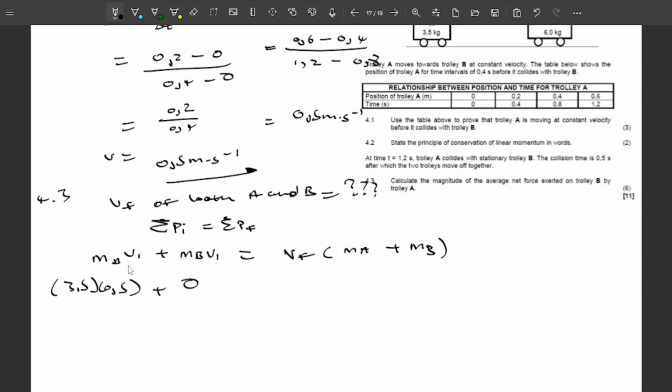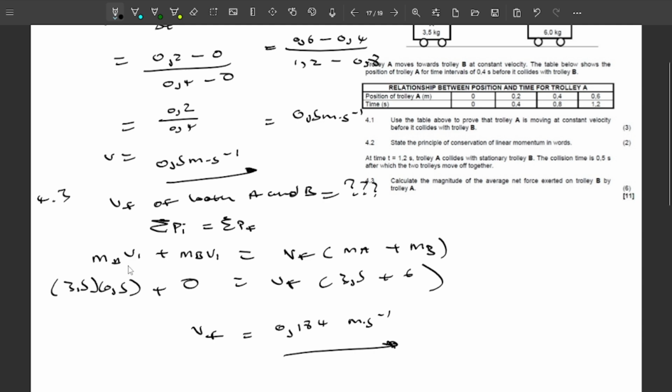Remember, we calculated that velocity up here that trolley A was moving with. Then we can find the VF: the mass A, which is 0.5, plus 6, and your VF should be 0.184 meters per second. Now remember that this is the velocity that both trolleys are moving with, since they became one system.